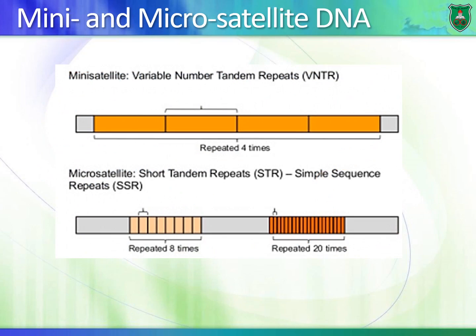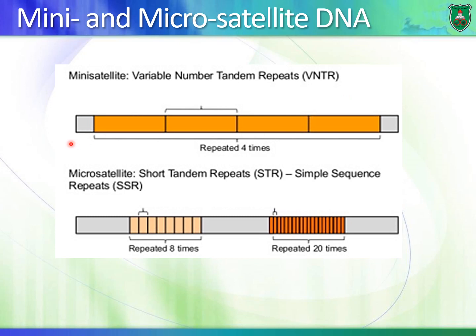Now, mini and microsatellite DNA sequences are highly repeated, but they differ in size. So, for example, minisatellites are also known as variable number tandem repeats, VNTRs.